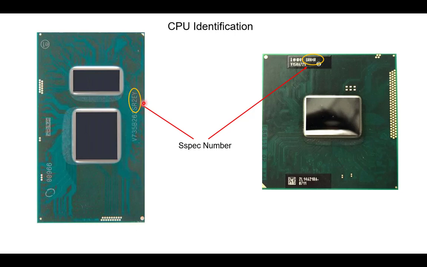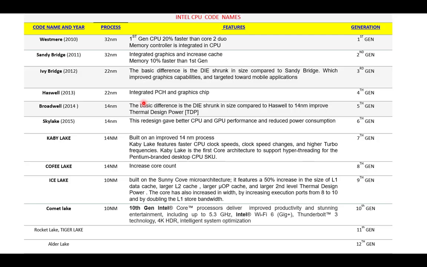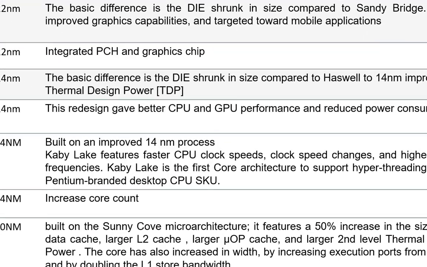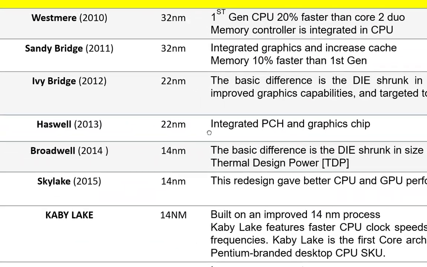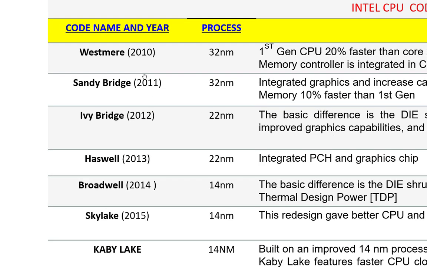Okay, so next, there are a number of generations of the CPU. Nowadays there are a total of 12 generations, and Intel gives its own different name to each generation. The first generation CPU came to the market in 2010, and the code name is Westmere processor. Then the second generation came in 2011, called Sandy Bridge. The third generation came in 2012, called Ivy Bridge.